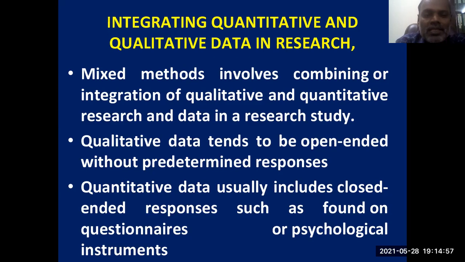Mixed method involves combining or integrating both numbers and text or pictures. How to integrate both text and pictures, or you can say qualitative and quantitative research data, into your research study. That's the part we are now going to discuss.